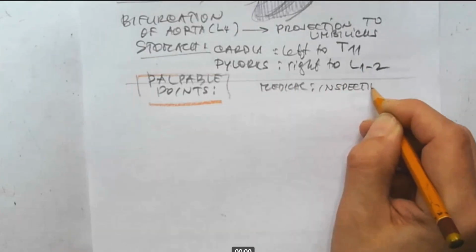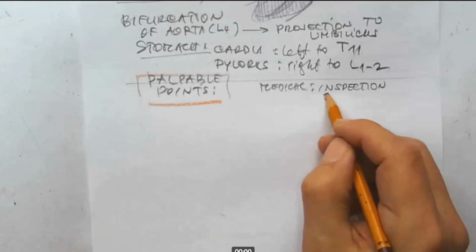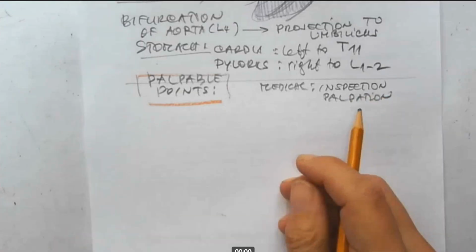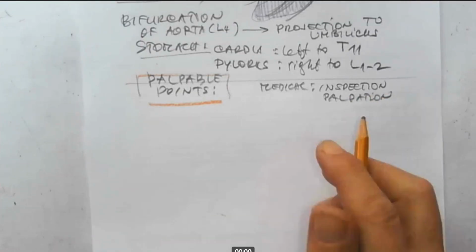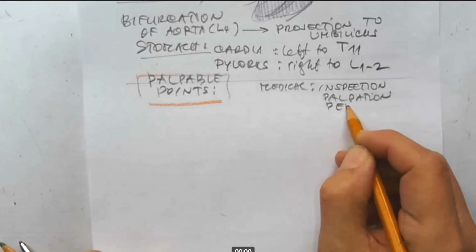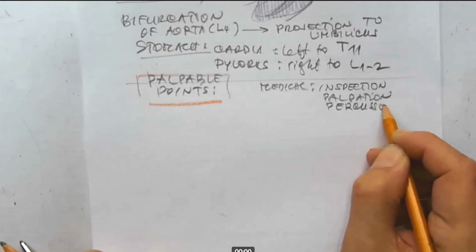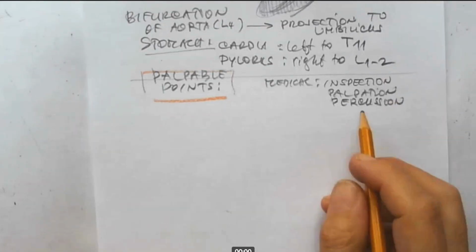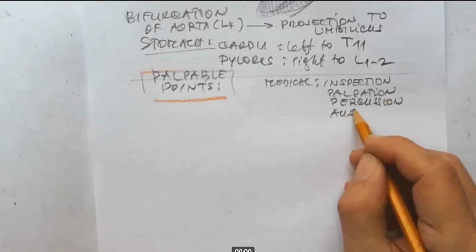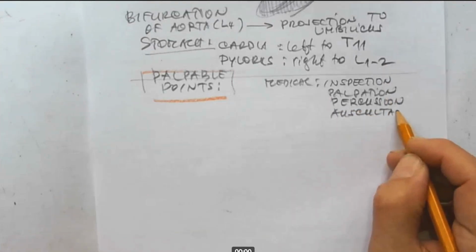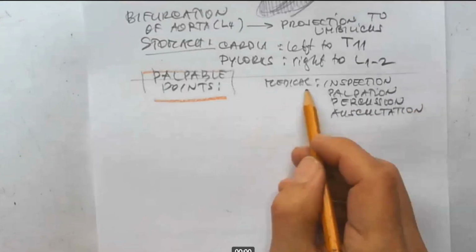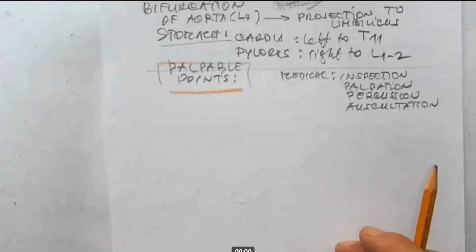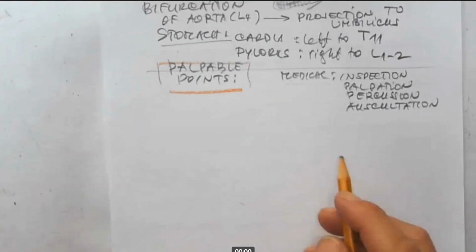Then follows palpation. Then we also have to respect percussion, looking at the wall and trying to hear the sounds from inside, and also auscultation using a phonendoscope. So there are many methods used for observation, and then what can we palpate?